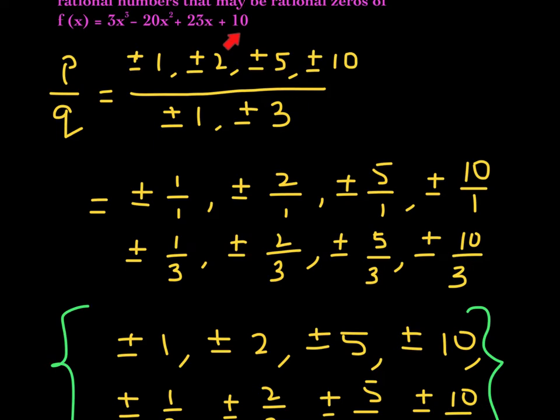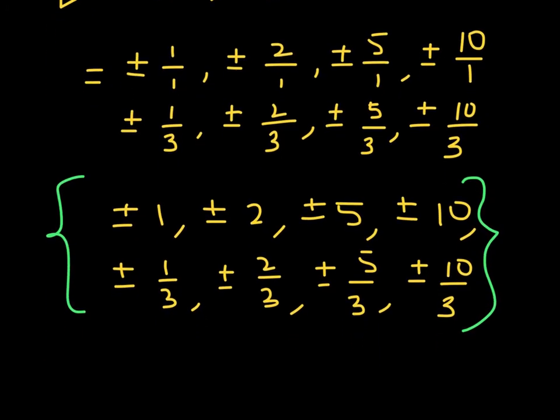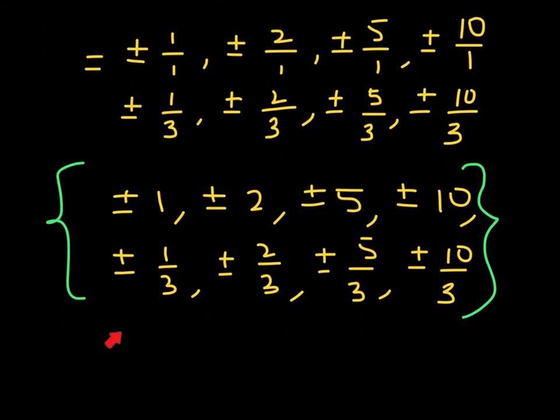But what we do know is that if it has any rational zeros, those zeros must be in this set, must be in this list somewhere. Is that clear? Again, one more time. We're not guaranteed that the given function has any rational zeros at all. But if it does, that rational zero has to be inside this list.